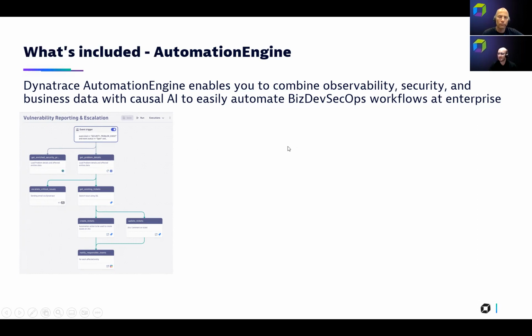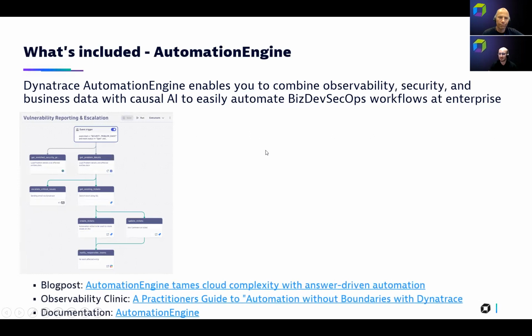Previously, this was available with the automation engine. So it is pretty amazing to see that we have this release. And again, these are the resources you need to start using the automation engine: blog posts, observability clinics, again with Andy, and the documentation, which are all available. Okay.